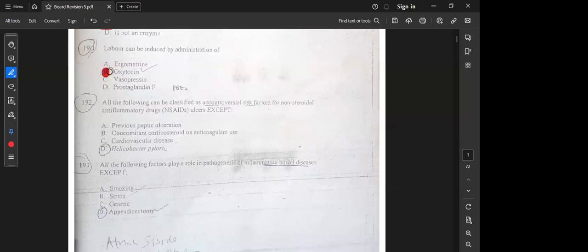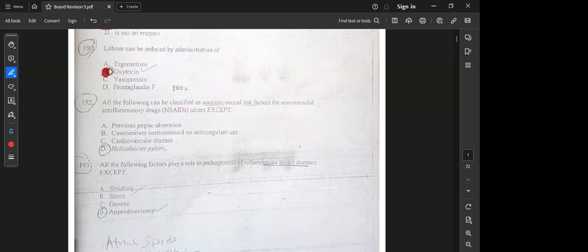What's the role of ergometrine in giving birth? Does it have any role? Doesn't it prevent postpartum hemorrhage, and also it acts like oxytocin or something?